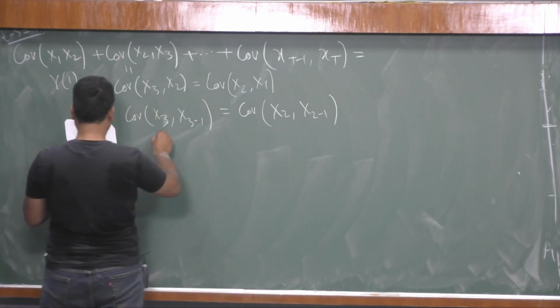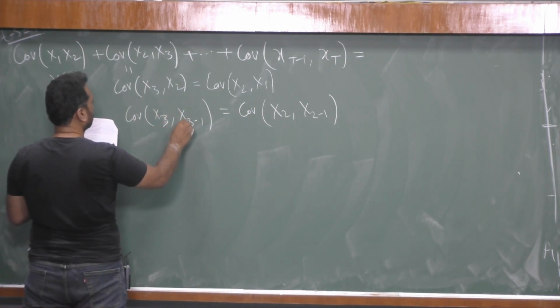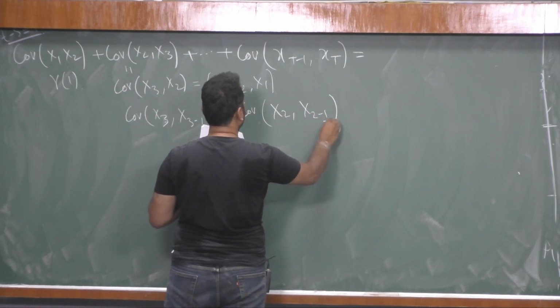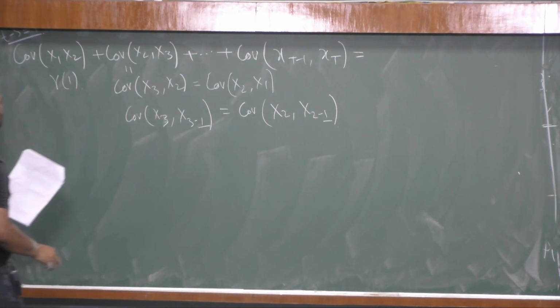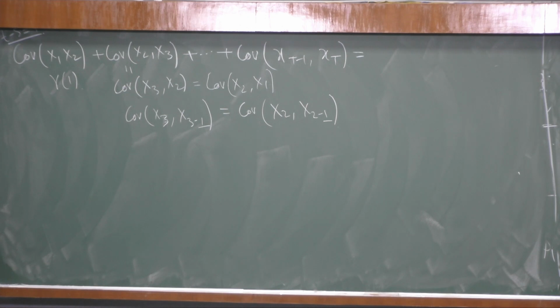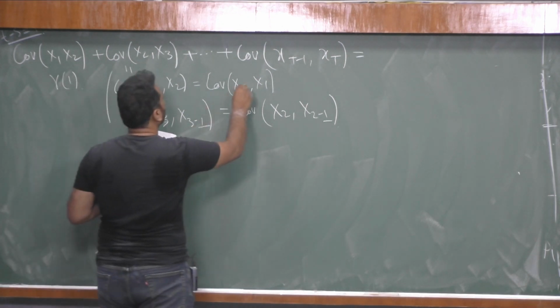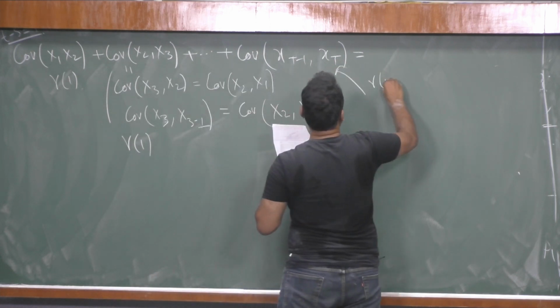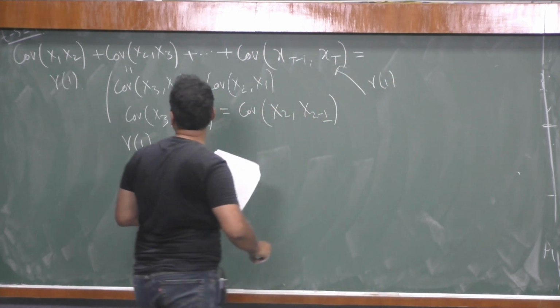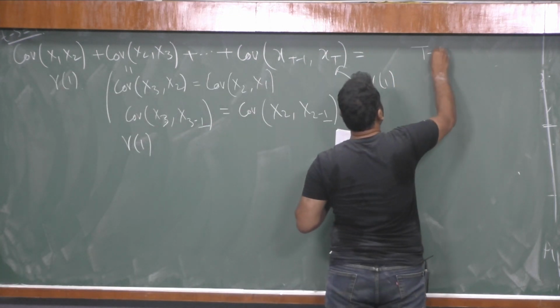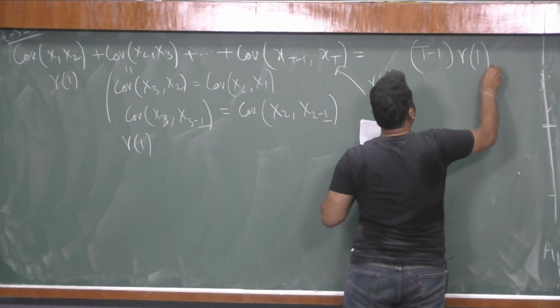So xt minus 1 will be the same as xs minus 1. Okay, so this shows that x3 x2 is the same as x2 x1. Hence this is also gamma 1, and similarly I can show all are gamma 1. So basically 1 to t minus 1 terms are all gamma 1, so this is t minus 1 times gamma 1.